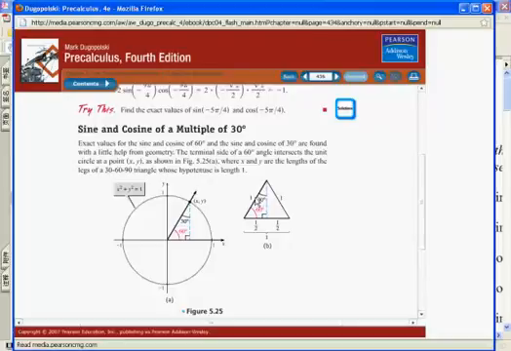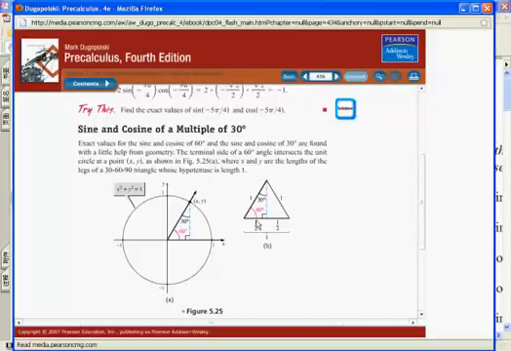The hypotenuse is equal to 1, because this is a unit circle, right? So this is the radius of this unit circle, which is equal to 1. At the same time, this is the hypotenuse of this right triangle.